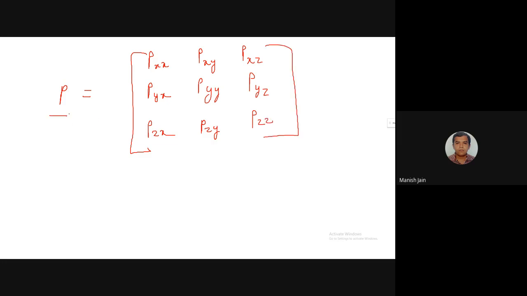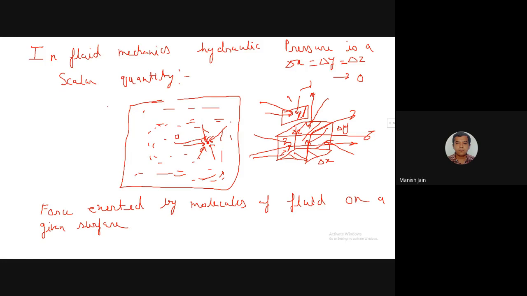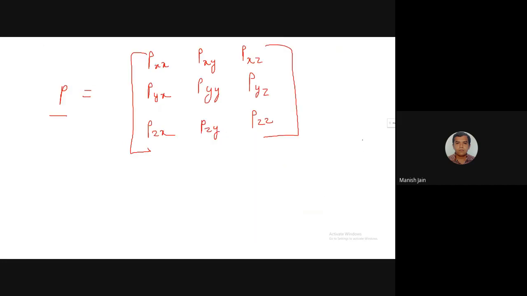So when you are talking about the hydraulic pressure, at each surface and in each direction you have the same amount of force. So all these components are equal to each other. That means these components will not depend upon the direction.